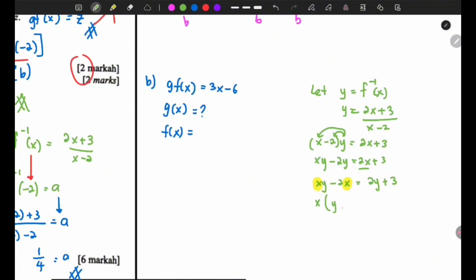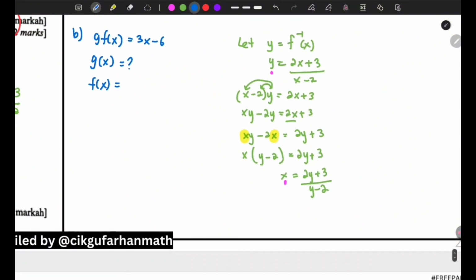The minus 2x, you pull out the x, you are left with minus 2, equals 2y plus 3. And now it's a times relation. Bring to the other side, become divide. So x equals 2y plus 3 over y minus 2. Done. You see, you start with single y and end with single x. And you already find your f(x). This is your f(x).